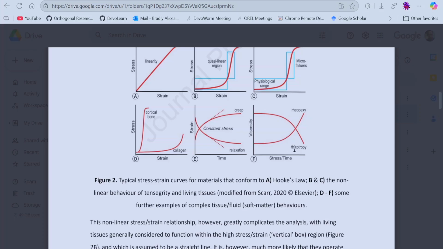Yeah. I still would like to see a stress strain curve when I'm reading about these things, instead of just the strain time curve, like the creep or relaxation.